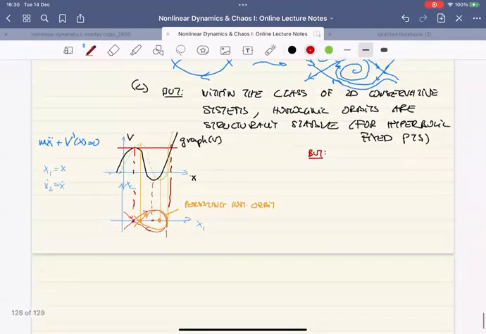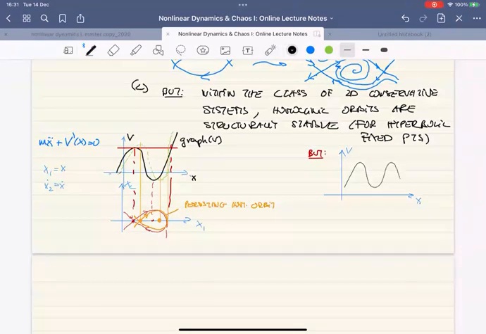And the reason for that is that if I now draw a similar graph, still in the conservative setting, but now I assume that I have a heteroclinic orbit, which means that the potential has to have two maxima of equal height.